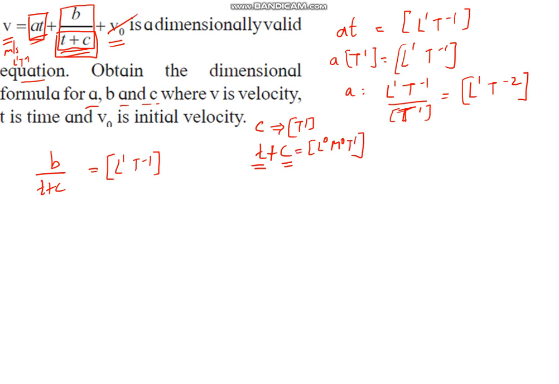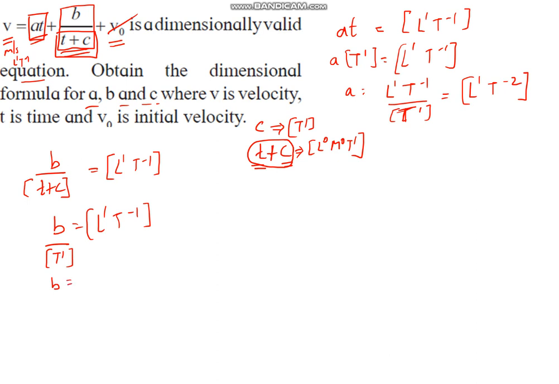Okay. I hope you all understood this. This is from the logic that every term which is added has the same dimension. So in the denominator you got time plus this term C over here. So they both must have the same dimension. Time ka dimension is T1, so C ka dimension is also T1. Let us go ahead. So coming over here, this denominator ka dimension is T1, so we can write this as L1 T minus 1, and यहाँ पे denominator में you got dimension as T1.